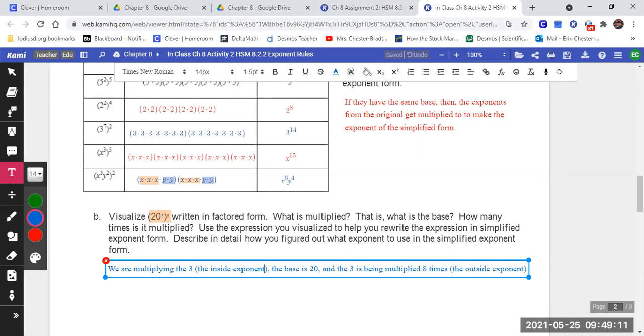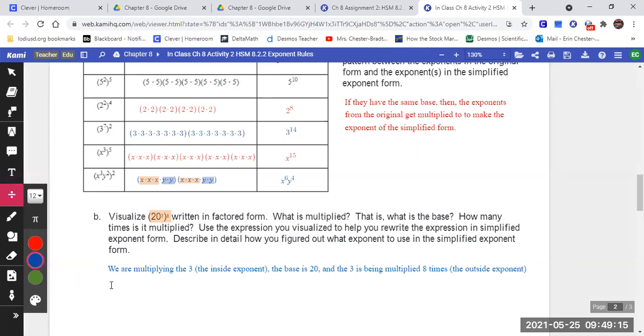Okay? So now we have to simplify this one doing the math. I have 20 to the 3 times 8 now, instead of 3 plus 8. So 20 to the what power is our final answer?